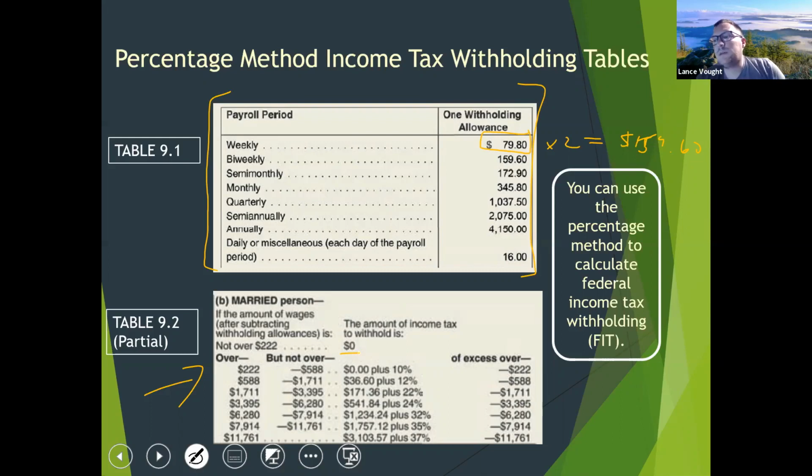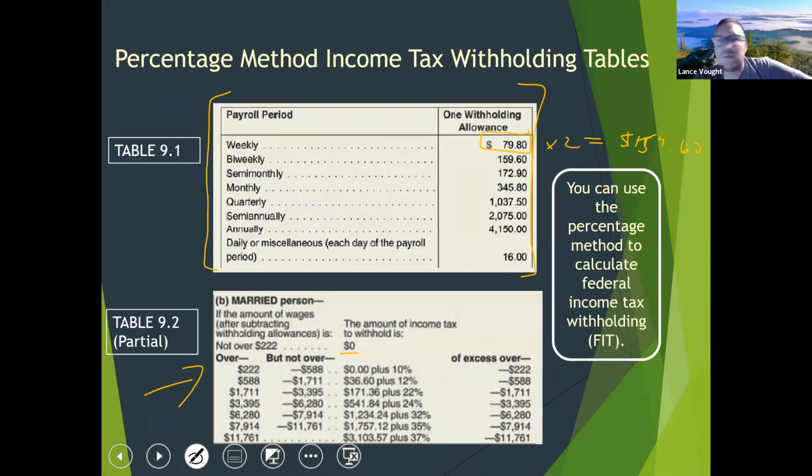But if you make more than that, then you would just add the $36.60 plus the maximum amount from that other range, which adds up to be about $171.36. And then for every dollar that you earn between $1,711 and $3,395, you pay 22% on that specific money.